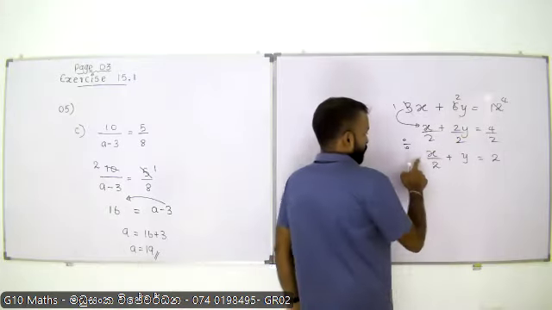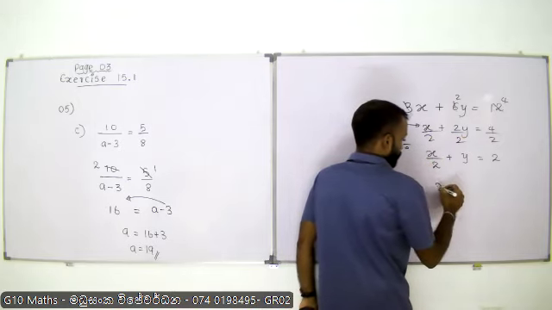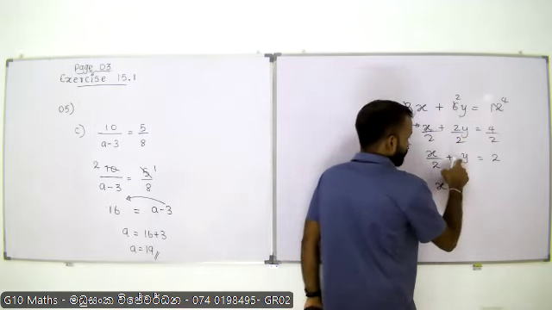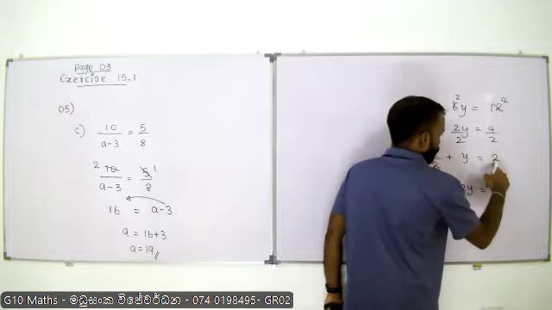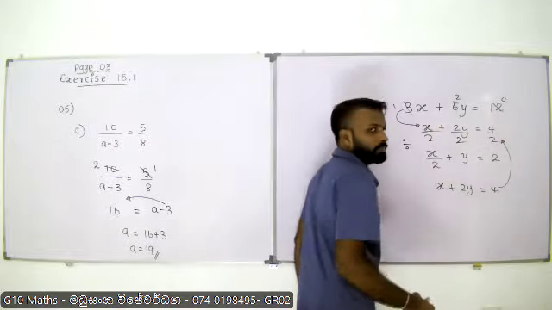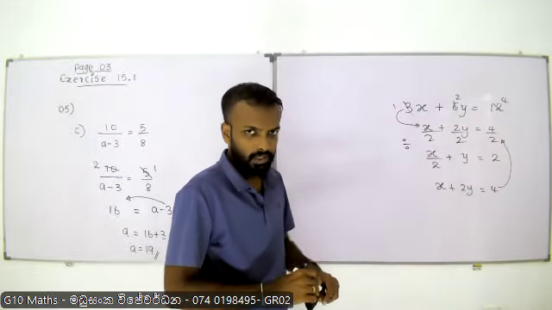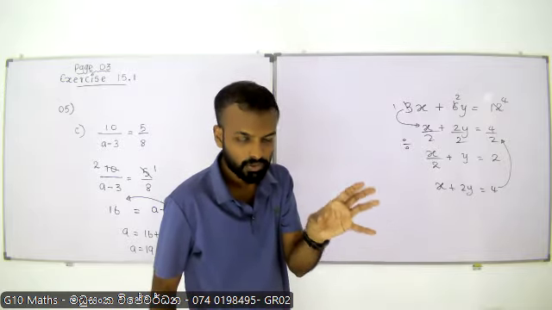This part multiplied by 2, 2 to 2 can cut, x. This multiplied by 2, 2y. This multiplied by 2, 2 times 2, 4. Again, the same thing will be obtained. The vice versa thing can be done.